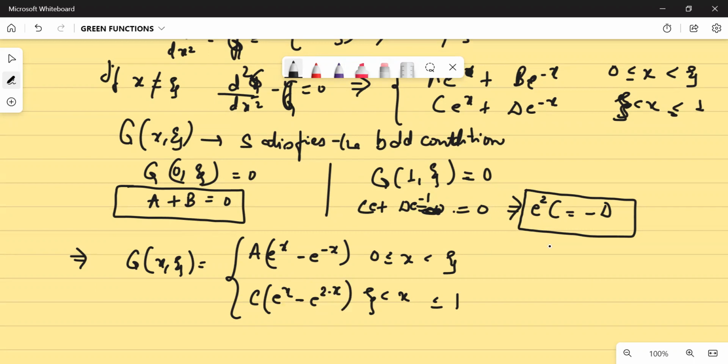Is that clear? This will be e power minus x here, so in place of d we write e square c, and c is taken from around. Now I think this is clear.